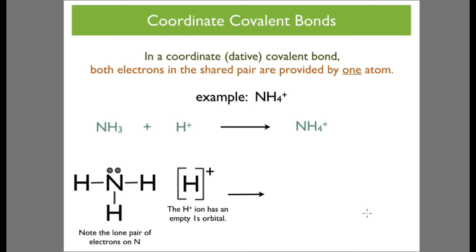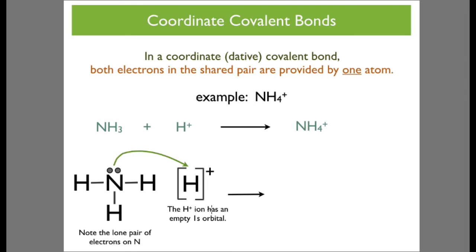An example here, NH4+. Ammonia reacts with a proton to give us NH4+. What's happening? The lone pair on the nitrogen is donated to the proton.